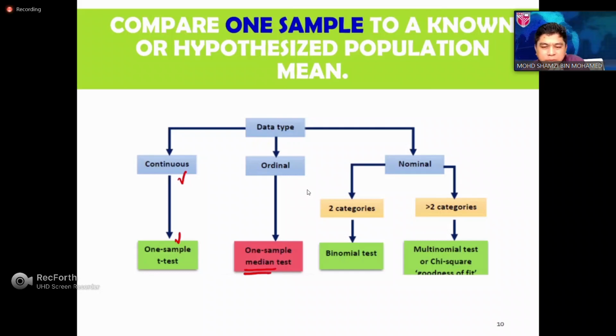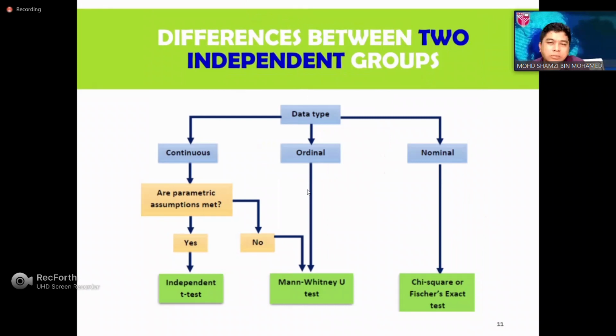For nominal, if you have two categories, you call this binomial test. For more than two categories, you have a chi-square goodness of fit. So this is the normal arrangement: if you have a statement, you identify the data type and the nature of the statement, and then you can use this table to match which test is possible.